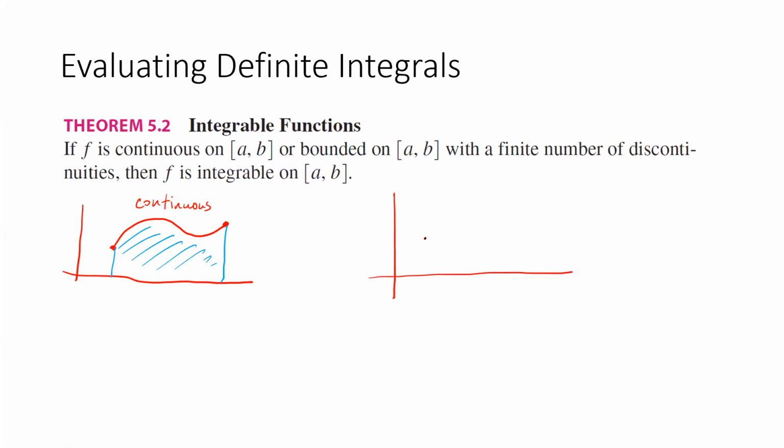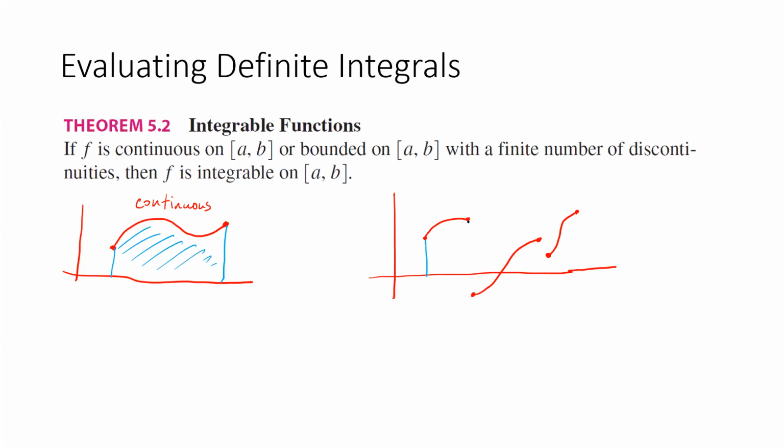So imagine you've got something that's maybe not continuous. It has a jump discontinuity somewhere, and actually that can happen at multiple points. But as long as it's finite, in other words, it doesn't have a vertical asymptote or something like that, you can still always find the net area.